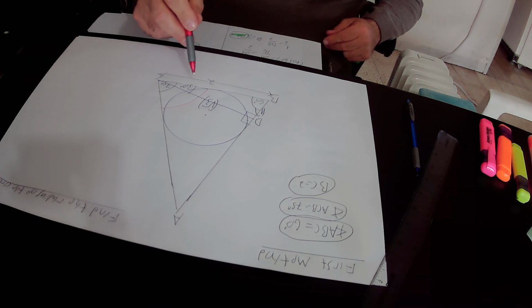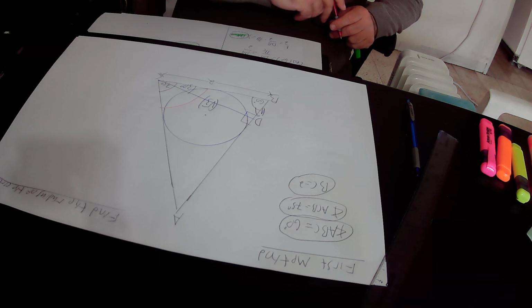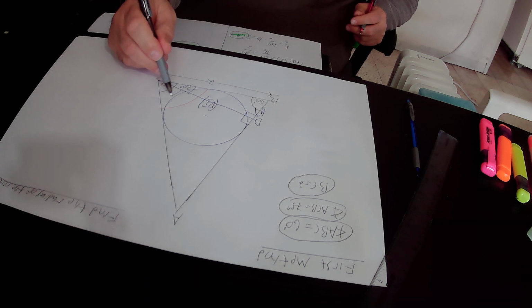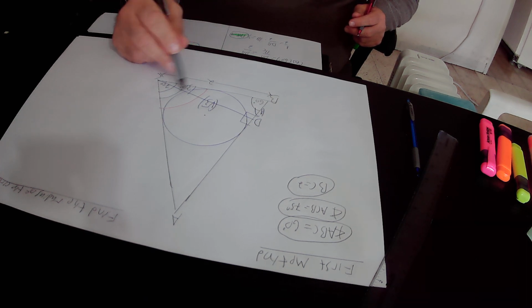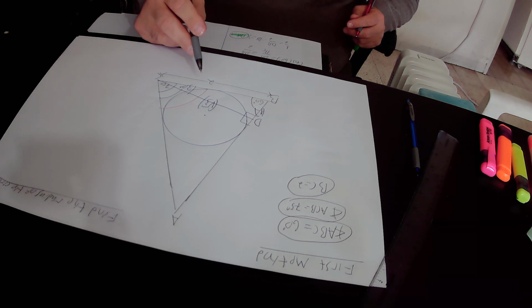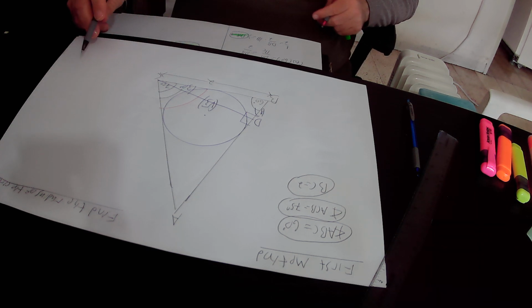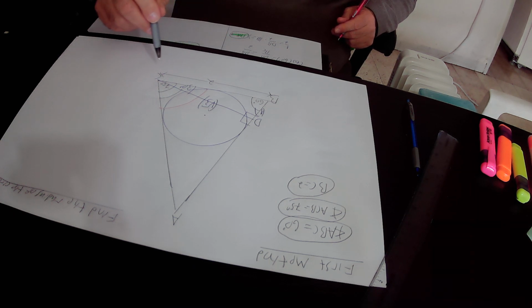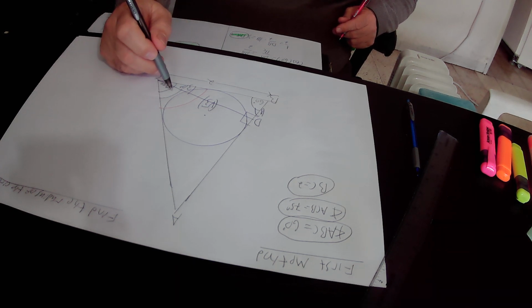The big angle minus the small angle will be equal to this missing angle. The big angle equals 75 degrees, the small angle equals 30 degrees, so 75 degrees minus 30 degrees equals 45 degrees. So the missing angle DCA equals 45 degrees.